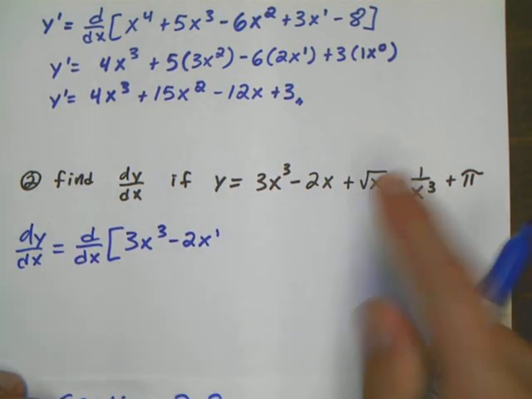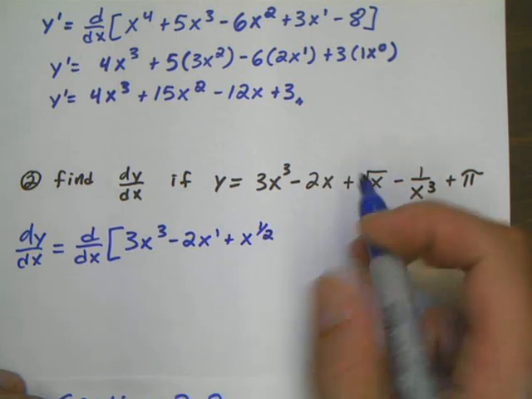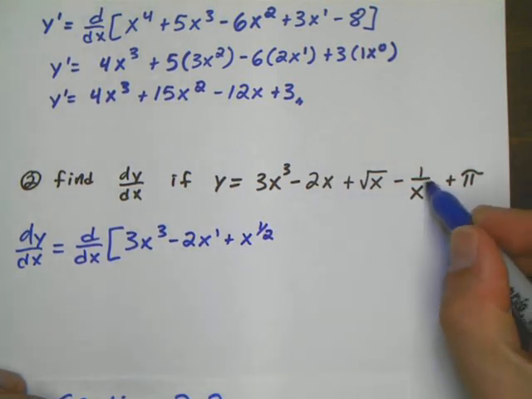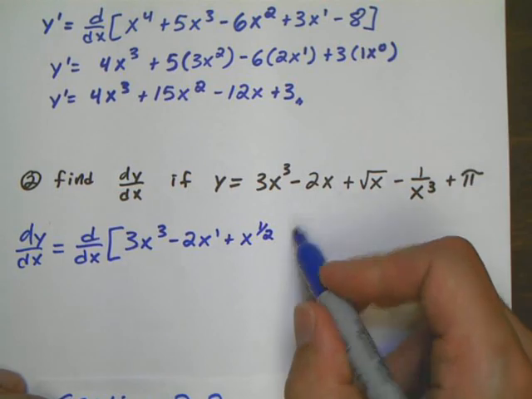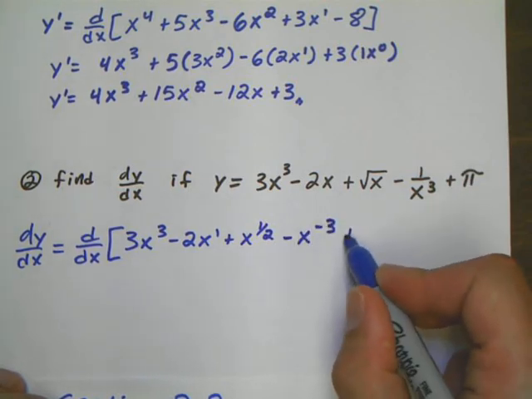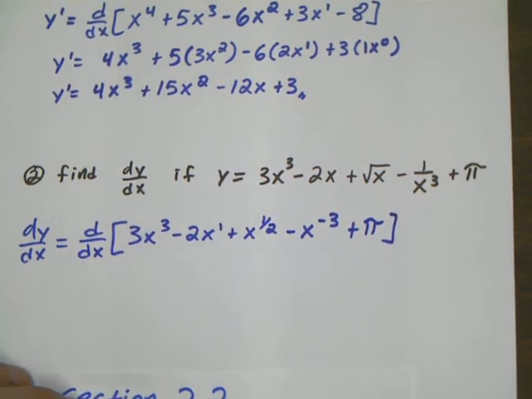Square root of x is x to the 1/2. 1 over x to the 3 is in the denominator, so it's going to be a negative exponent. And this pi just gets recopied like that.